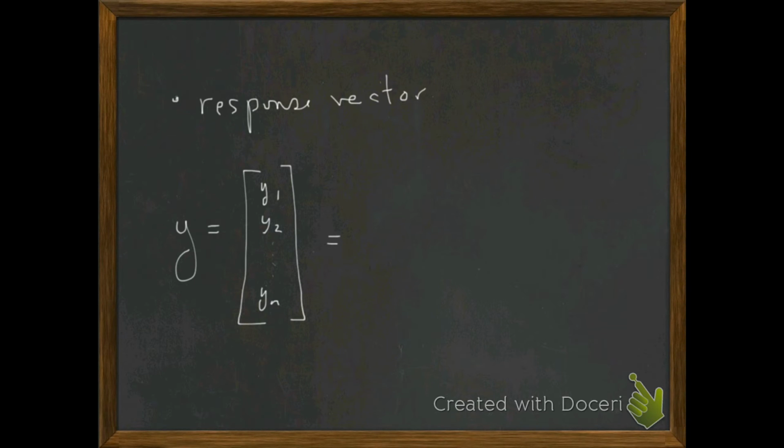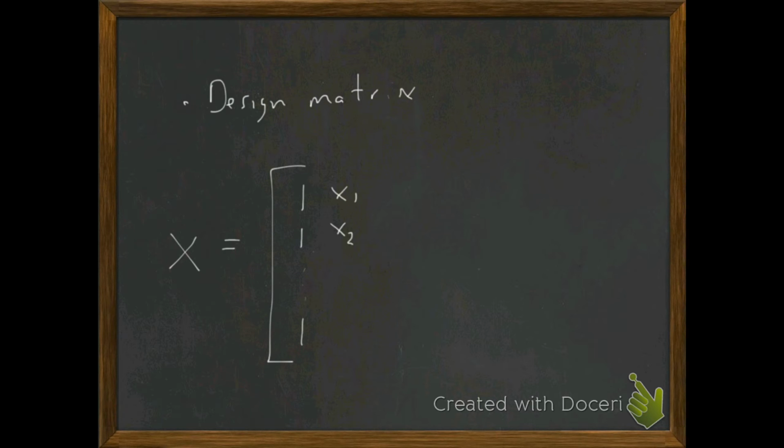And gang, in this situation, our response vector will be this, as our design matrix will look like this.